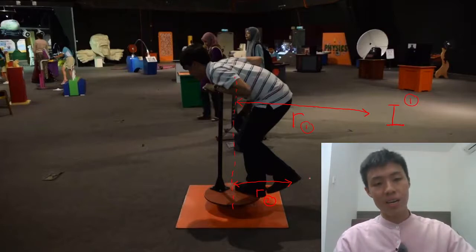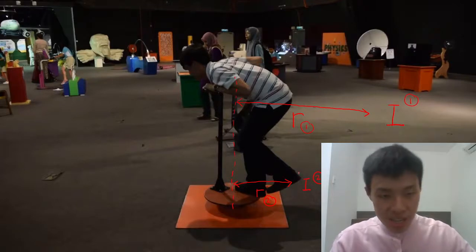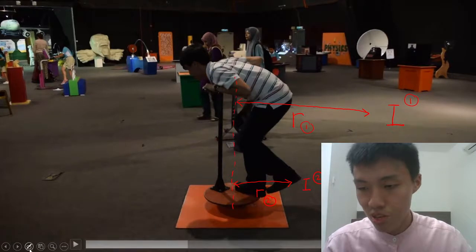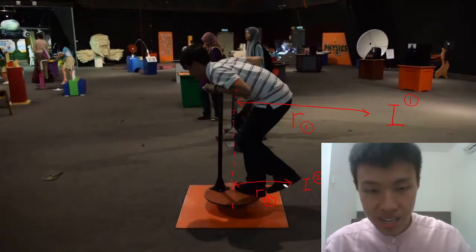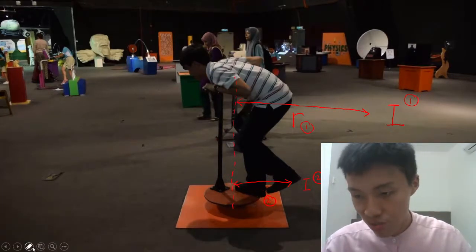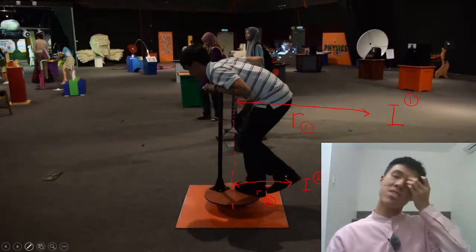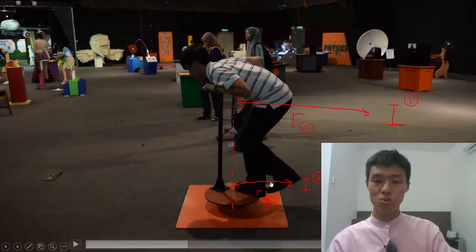So my moment of inertia is supposed to be a bit smaller. This is the I for situation 2. It's not a subscript or superscript, I'm just labeling which situation it is for. And since this R should be much smaller, to make it clear, it's much smaller. So this is situation 1 and situation 2.